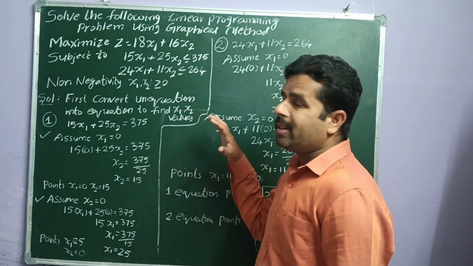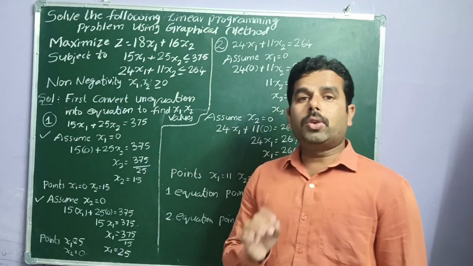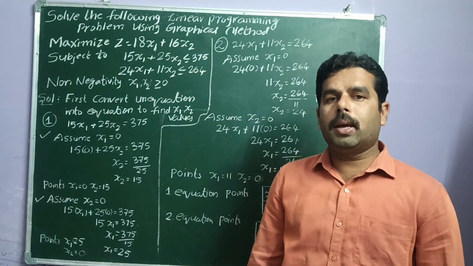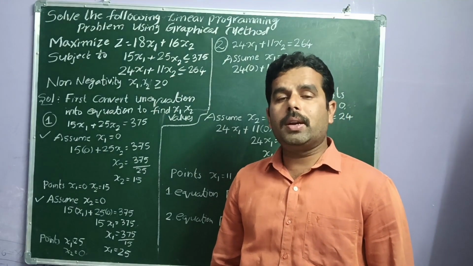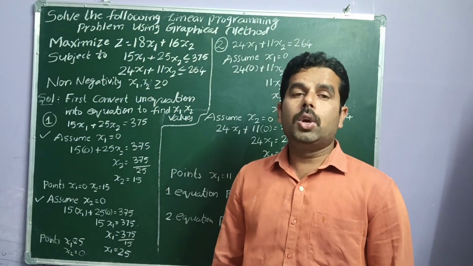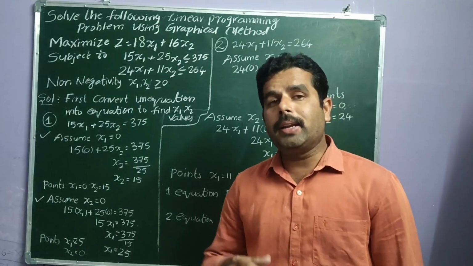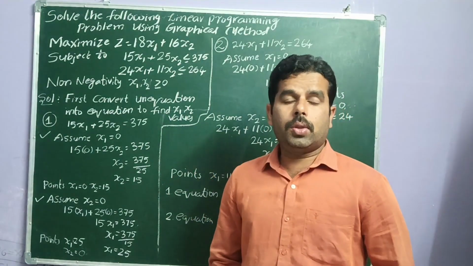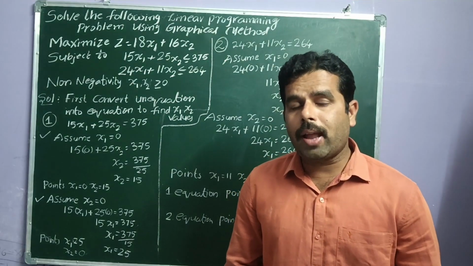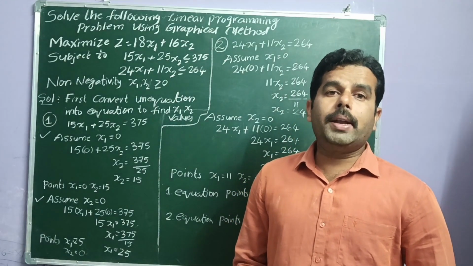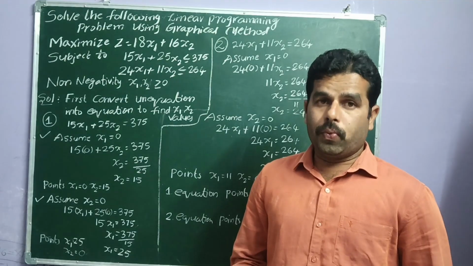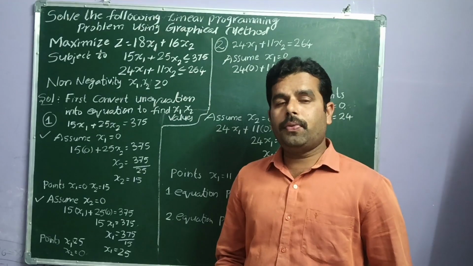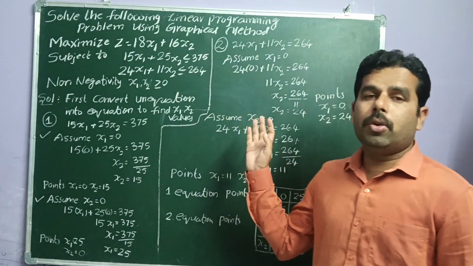While we are solving this problem, you have to remember 3 steps. These 3 steps are very important. First, we have to convert the inequation into an equation to know the x1 and x2 values. Then, after getting the x1 and x2 values, step number 2 is the representation of the graph.